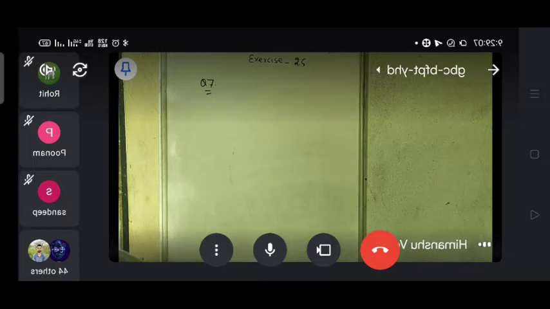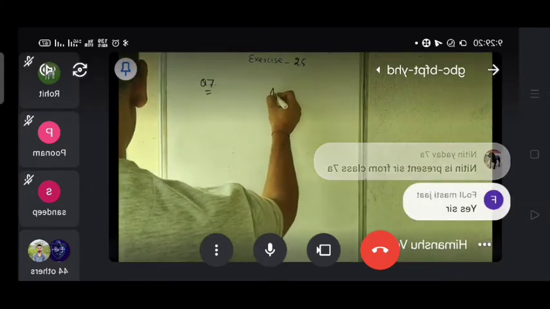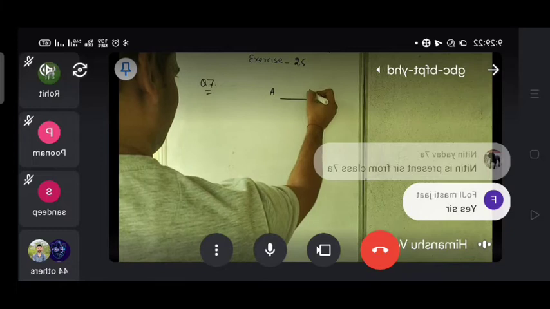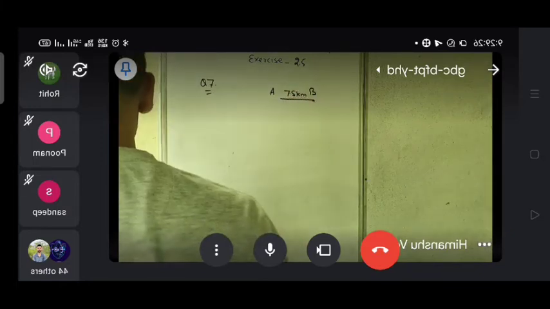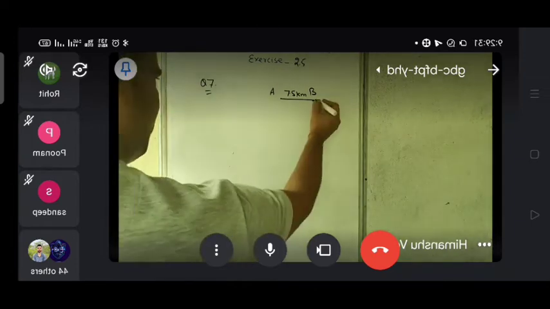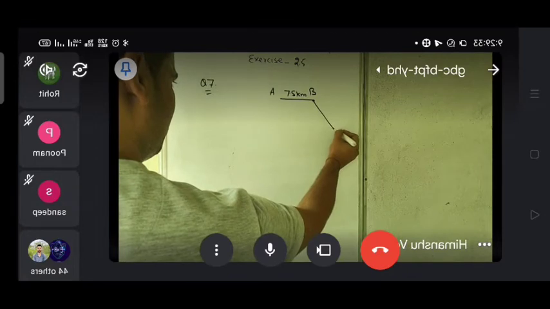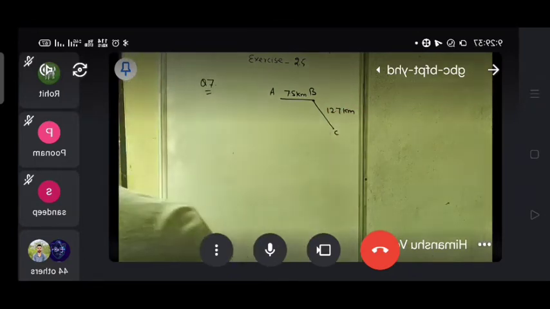Dinesh went from place A to place B and from there to place C. A to B is 7.5 kilometer. This is point A, he goes to place B, 7.5 kilometer. And from B to C, he moves more, 12.7 kilometer.